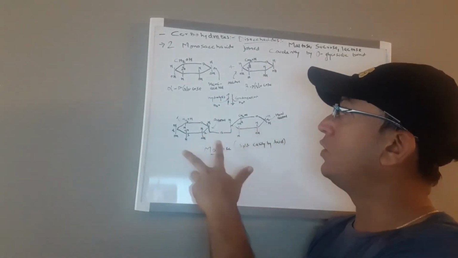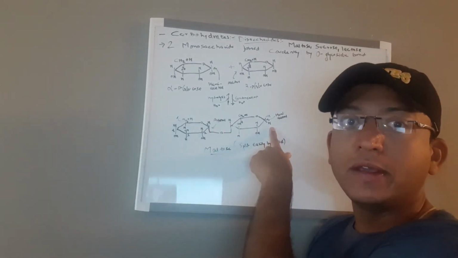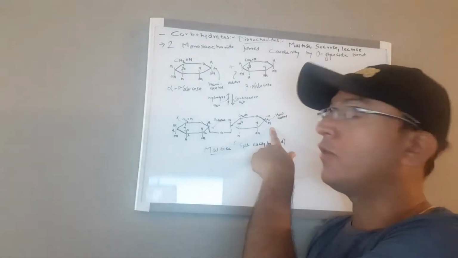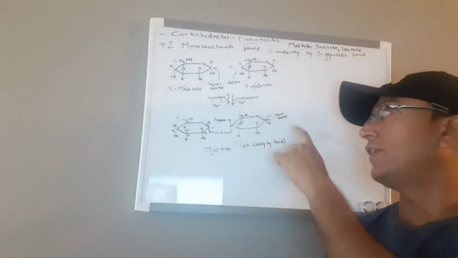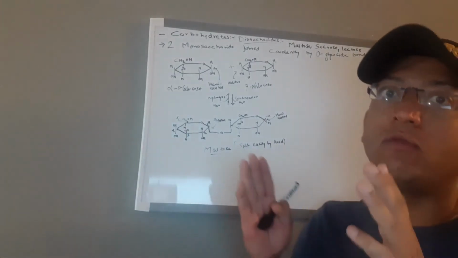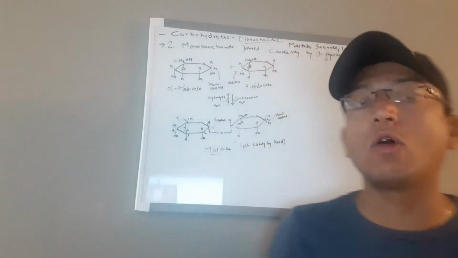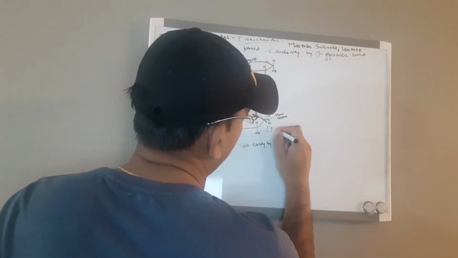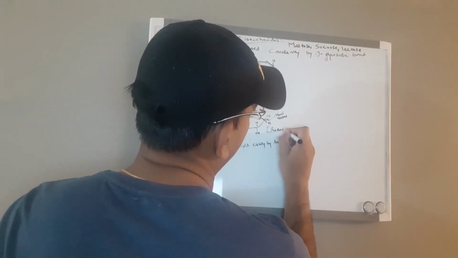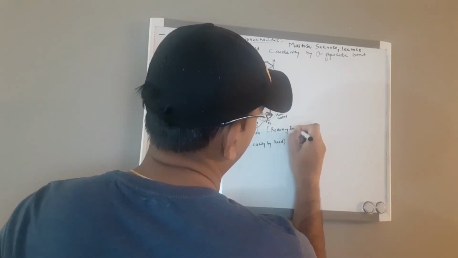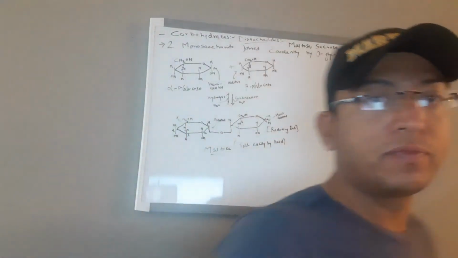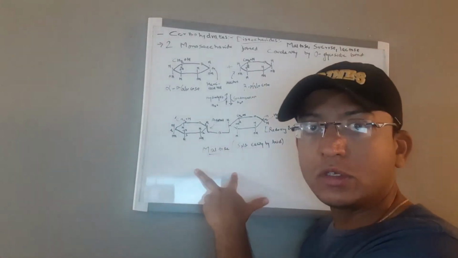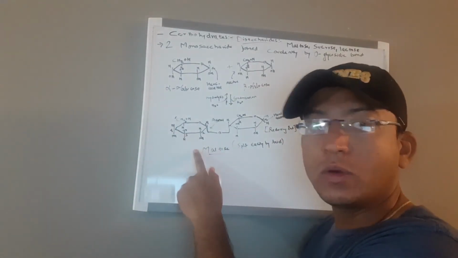But as here you can see, this end of a chain with a free anomeric carbon that is not involved in a glycosidic bond is commonly called the reducing end. So this will be known as a reducing end, correct?